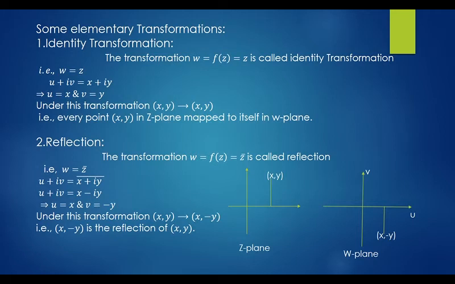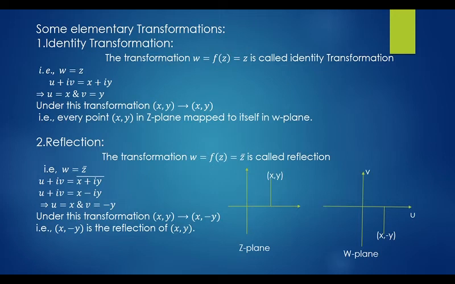So how it happens, let us see. W equals z means substitute W and z as two different complex numbers, that is u plus iv and x plus iy. On comparing both sides, we get the real parts are equal and imaginary parts are equal. So u equals x and v equals y. That means u, v are the coordinates in the W plane.